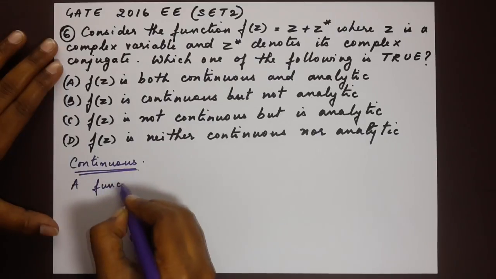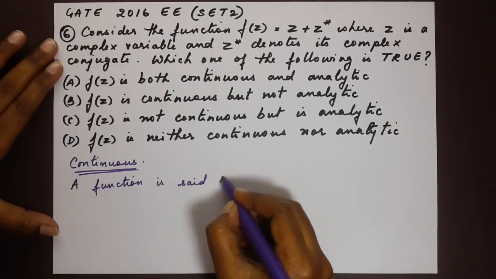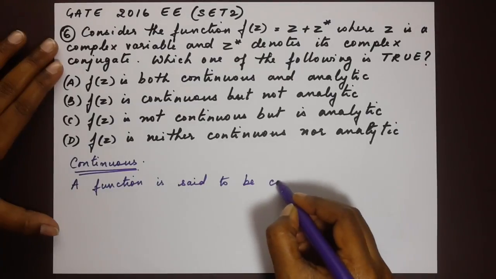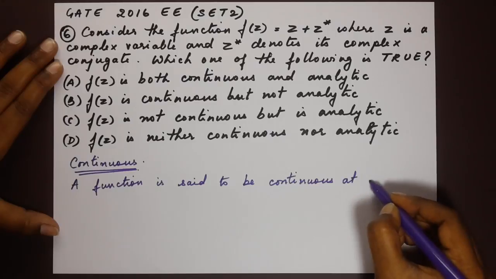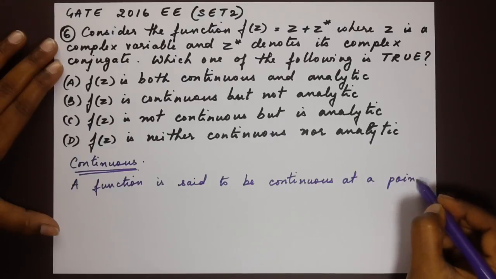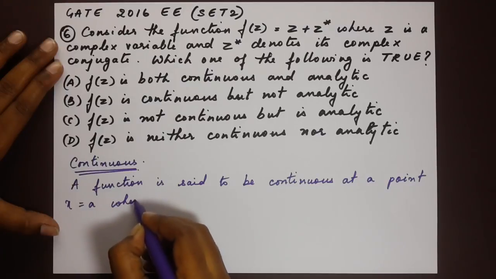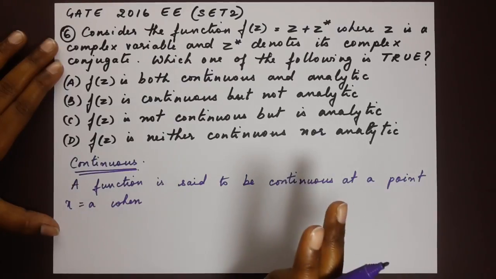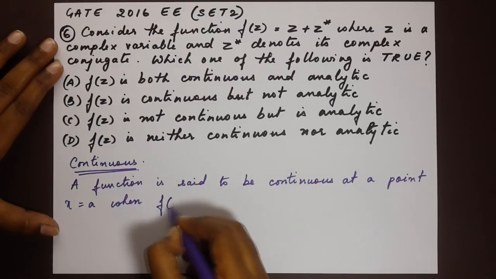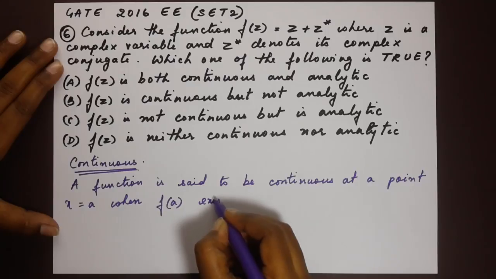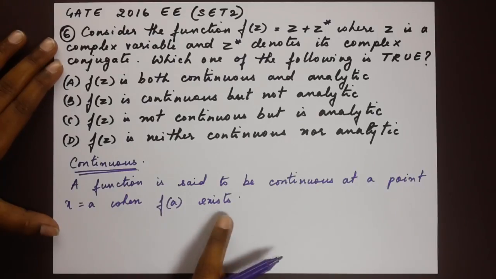A function is said to be continuous at a certain point x is equal to a when 2 things hold. The first is when f of a exists.